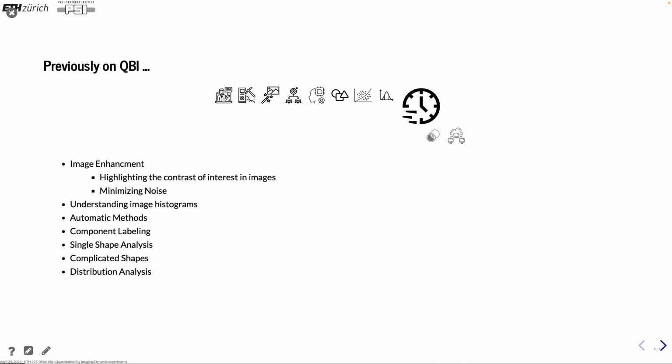Let's go on. So until now in QBI we have been talking about a lot. In the beginning, we did image enhancement to reduce the noise. Noise is actually a very important thing also when you start looking at time series, as we will see soon. Understanding histograms, automatic methods for segmentation and labeling, looking at individual shapes, also more complicated shapes, and looking at distributions between different materials.